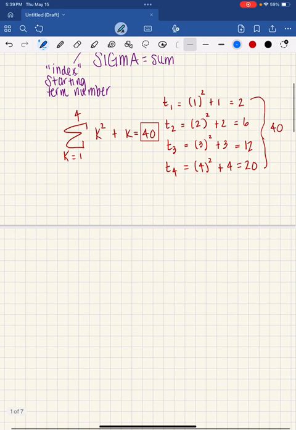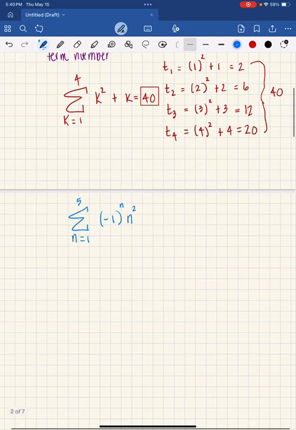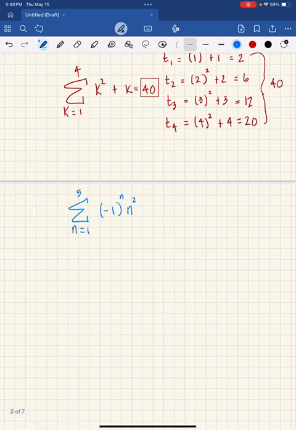So let's look at sigma, and I'm going to use N this time. This time I'm going to give you negative 1 to the N times N squared. Starting with 1, find the first term, the second term, etc., and then we're going to add them all together and see what happens with this pattern.